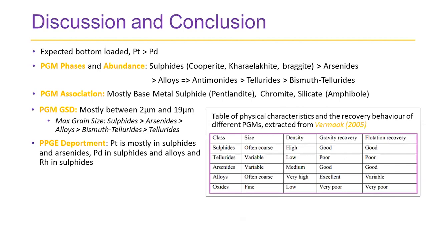These PGMs are mostly associated with base metal sulfide, chromite, and silicate, and they are typically between 2 micron and 19 micron, with platinum occurring mostly as platinum sulfide and platinum arsenide, palladium as palladium sulfide and palladium alloys, whereas rhodium typically occurs as rhodium sulfide.